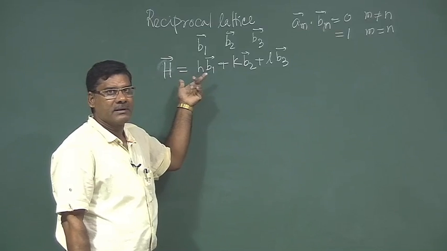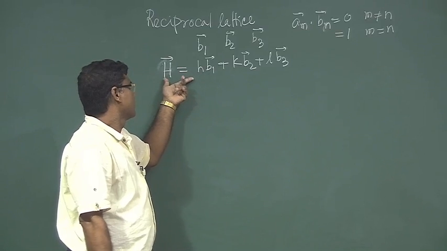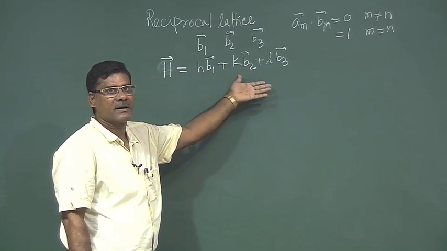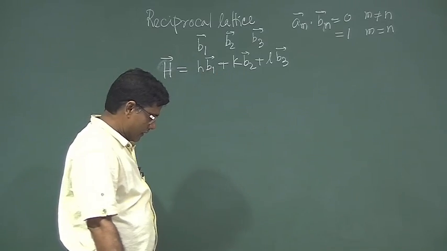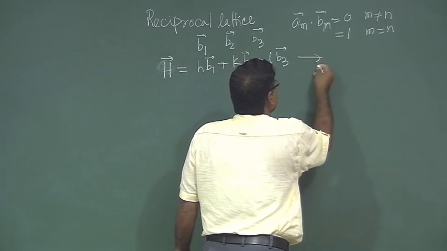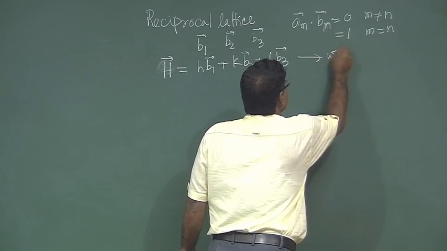As I told, I have written this taking Miller indices. So, what does this represent?